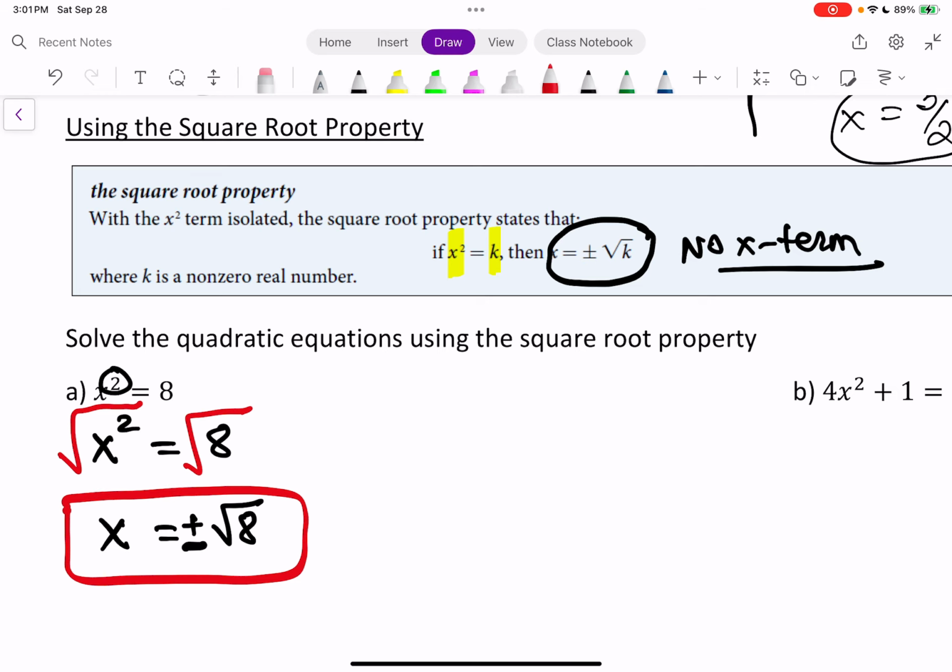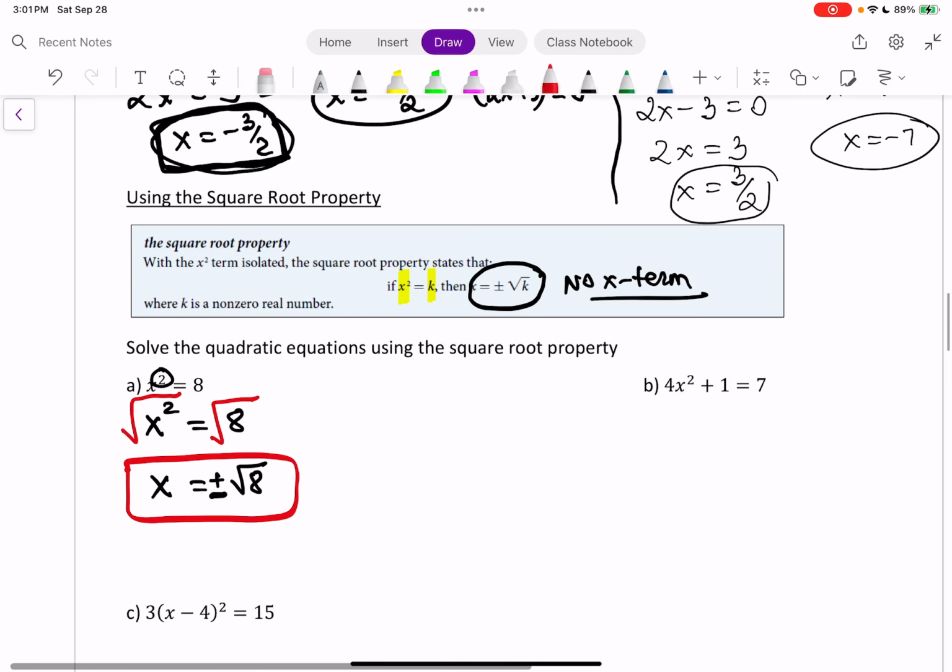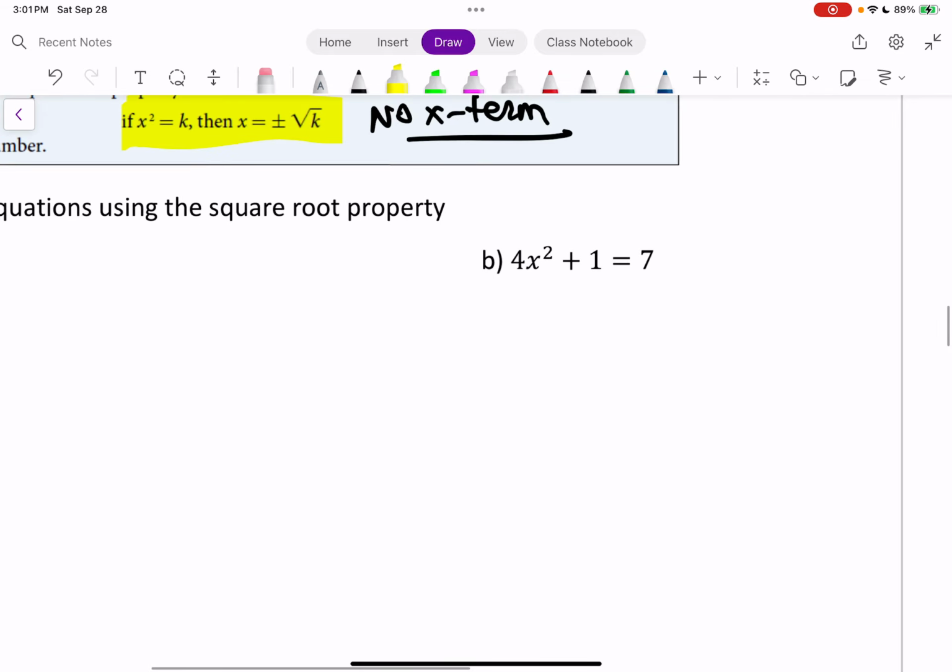All right. Now, for this square root property to work, you need to have x squared by itself. So here it is. To get x squared by itself, I can minus, and again, you see there's no x term there, right?